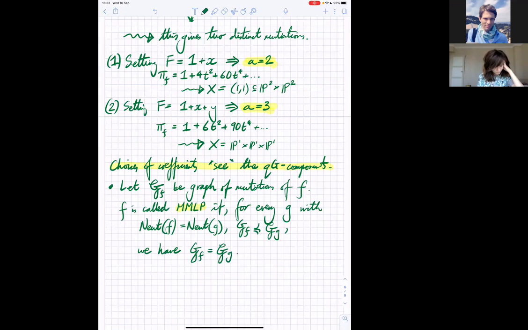Okay. So all I'm trying to say here is that you can't fiddle with the coefficients of F and find some mutations that you didn't already see.